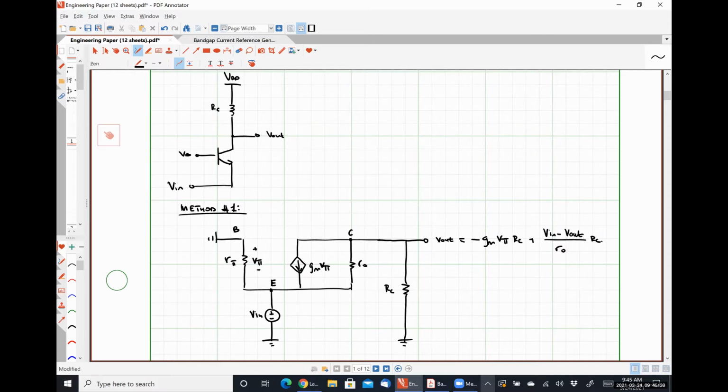And I can do a small amount of algebraic manipulation here, noticing that V in is exactly equal to negative V pi.